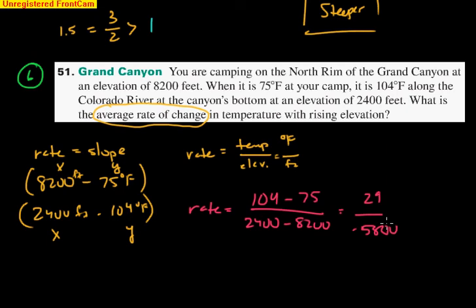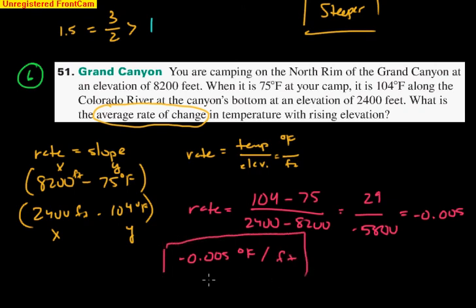You can just give me a decimal, that's fine. So this comes out to be negative 0.005, and that's your rate. Negative 0.005, it's the top units per the bottom unit, per foot. And there is the change in temperature with elevation: negative 0.005 degrees Fahrenheit per foot.